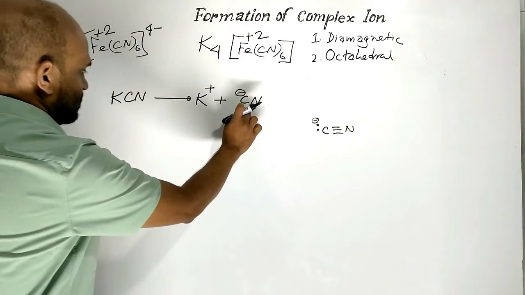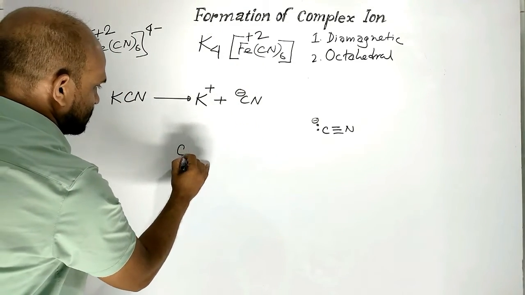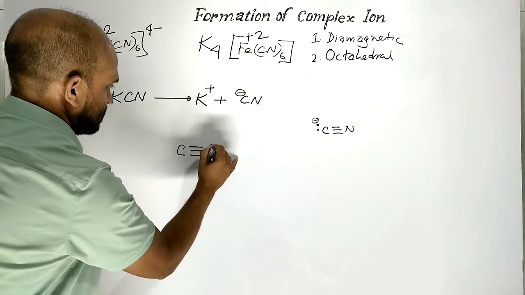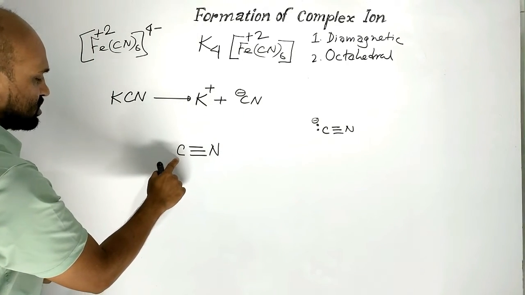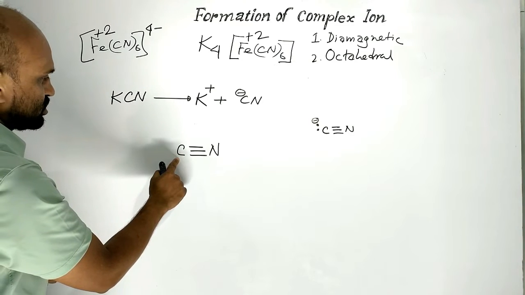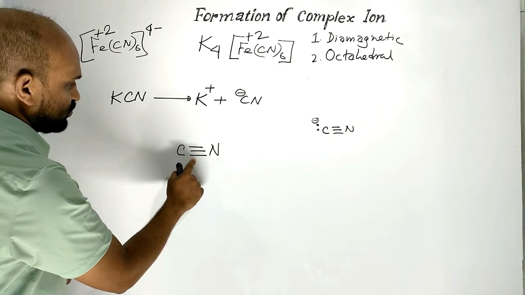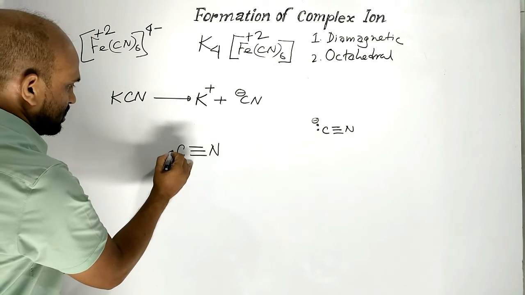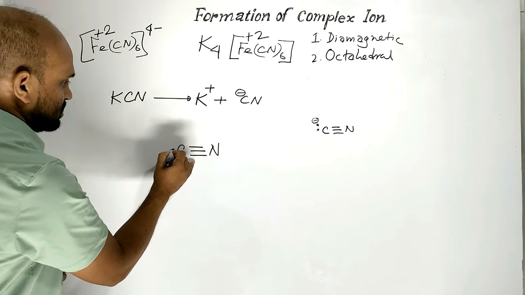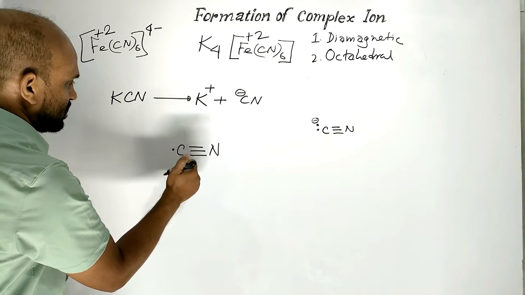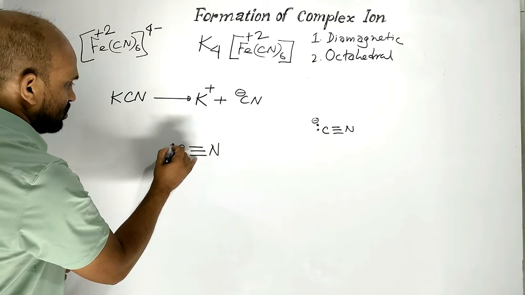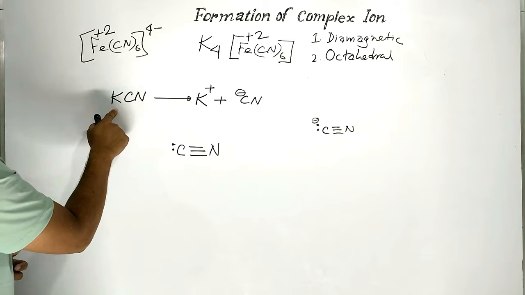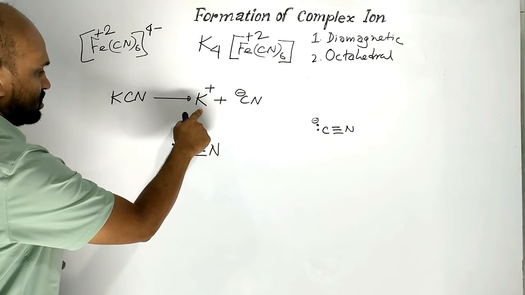Now let us see structural formula of cyanide ion. Out of 4 electrons, carbon used its 3 electrons to form 3 bonds with nitrogen. Another electron is left. This species took another electron from potassium plus now.